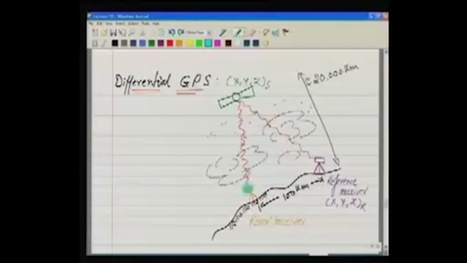This is our receiver. If I use only this single measurement, meaning only this single pseudorange, and similarly we will have the pseudoranges also from 4 more satellites, so there are 4 more satellites. If you are doing it that way, our position here will be with error.